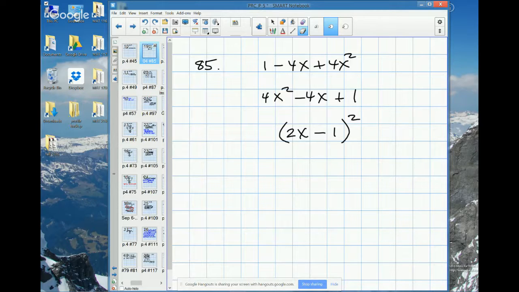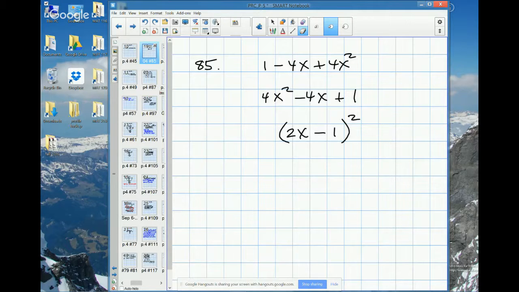The back of the book, because I did that too, told me that the answer for 85 was 1 minus 2x squared. Yeah, that's the same thing. You might say the negative sign is on a different number, but it's only because of the squaring.